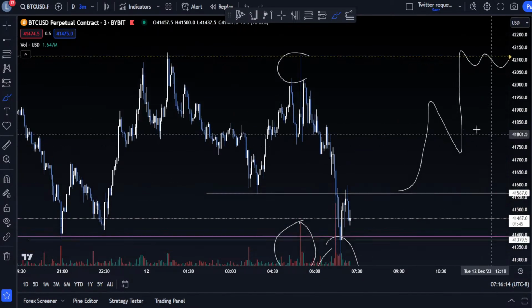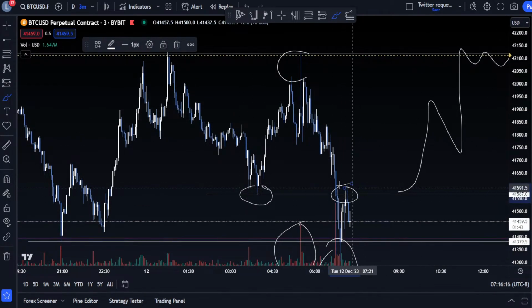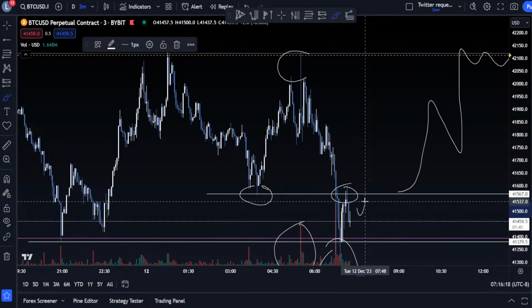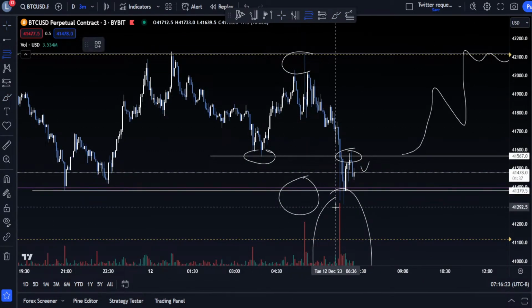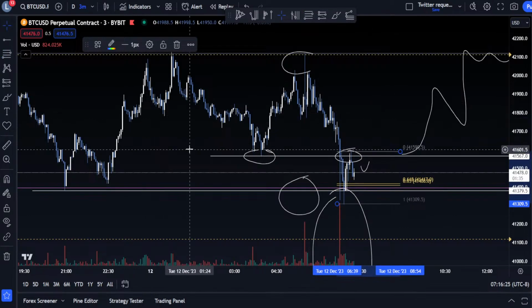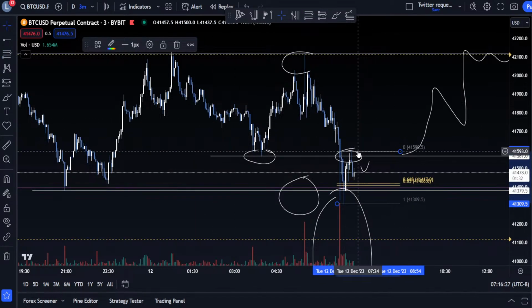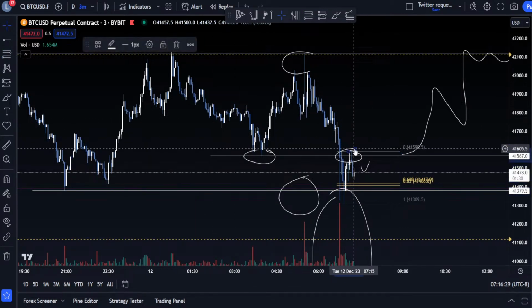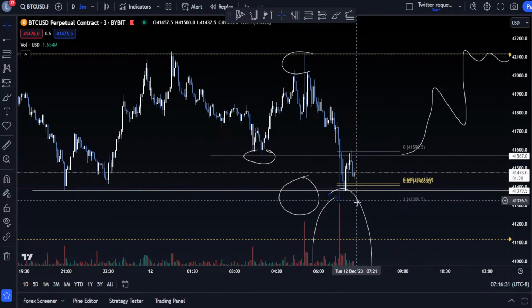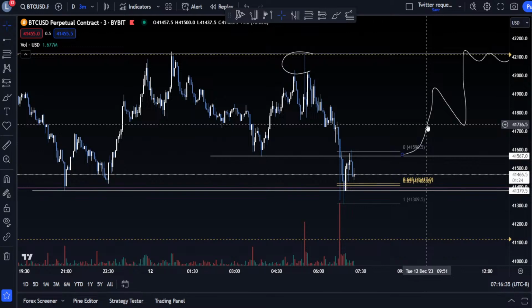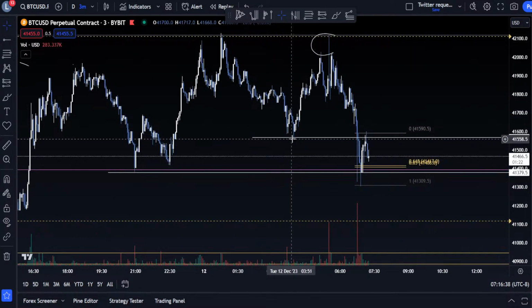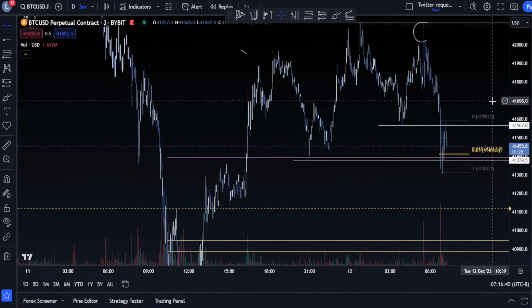We are reacting here, struggling to flip this into support. But I will say, just because a level gets a reaction does not mean that price is going to reject. Price reacts to a lot of levels. But it should just be noted that you want that level to get claimed. You don't want price to reject from it.